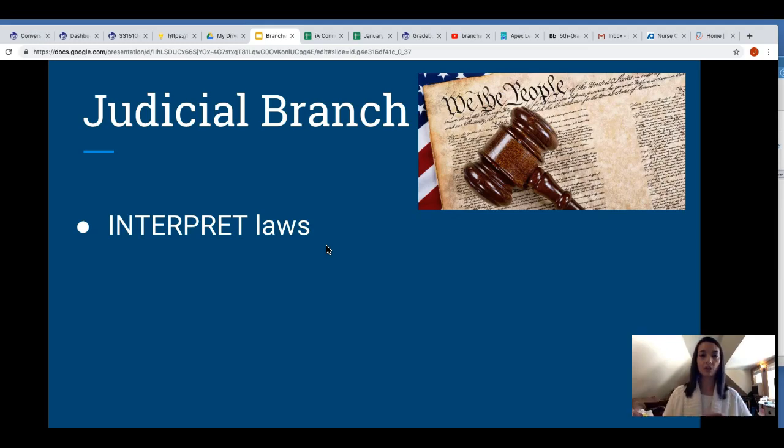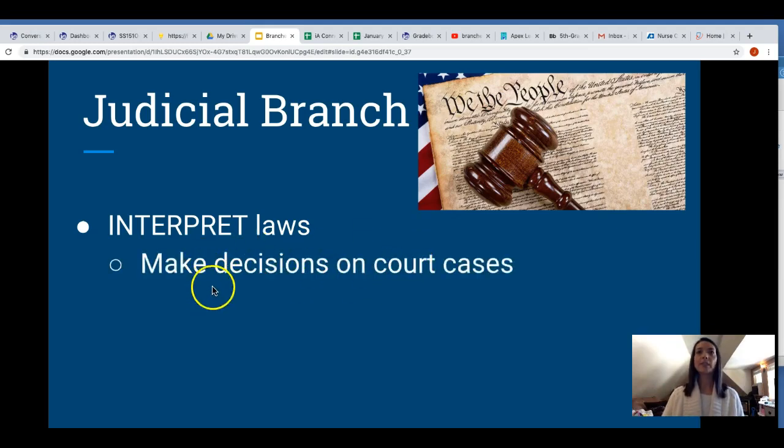So you're interpreting the language, but it's based on a whole lot of things, just like a judge and a jury will do. They'll listen to all the different pieces of the case, and then they'll make their decision about the case and the law. Okay, so it says they make decisions on court cases, which is what we've been talking about.